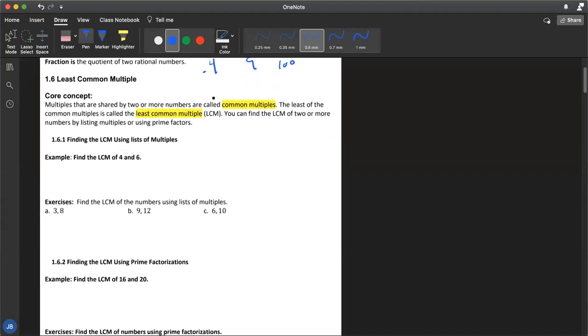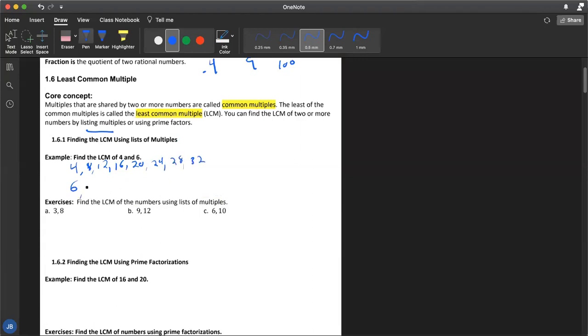So for example, here it says, find the least common multiple of 4 and 6. And so, like it says here, we can list multiples. We can do 4, 8, 12, 16, 20, 24, 28, 32, right?